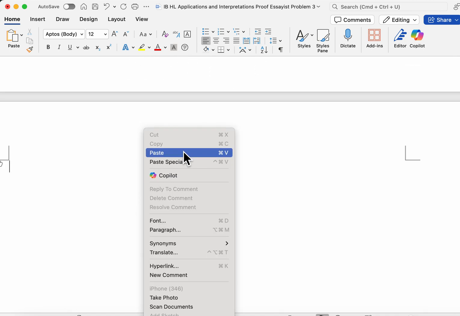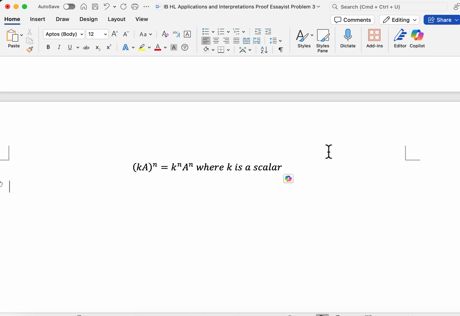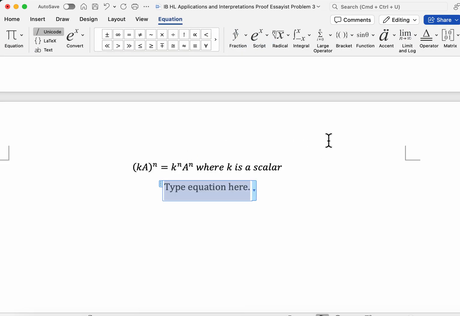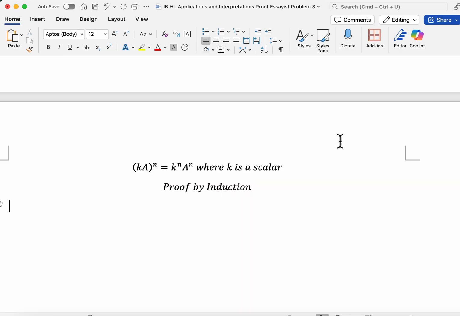Let's go to here. Okay, so proof by induction. What are the main steps? You gotta prove the base case. Assume the inductive hypothesis.